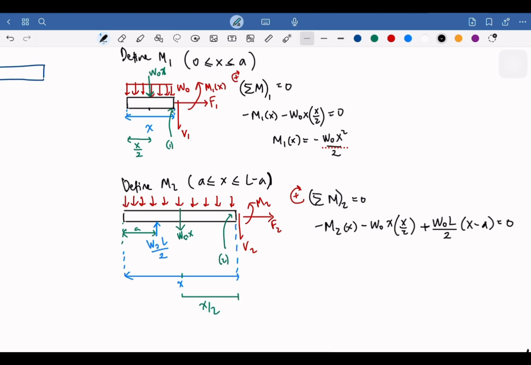And how to solve this? Basically, we are going to set these two equations, the M1 and M2, equal.